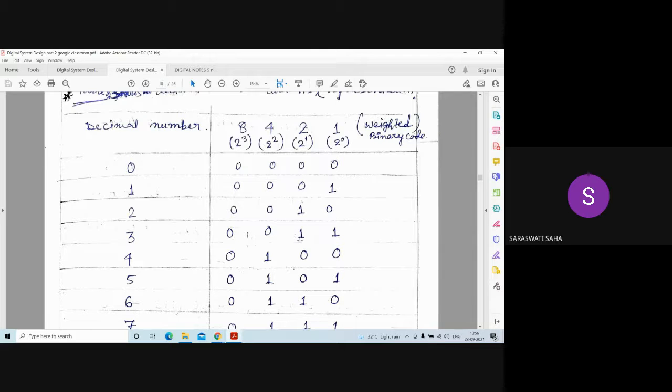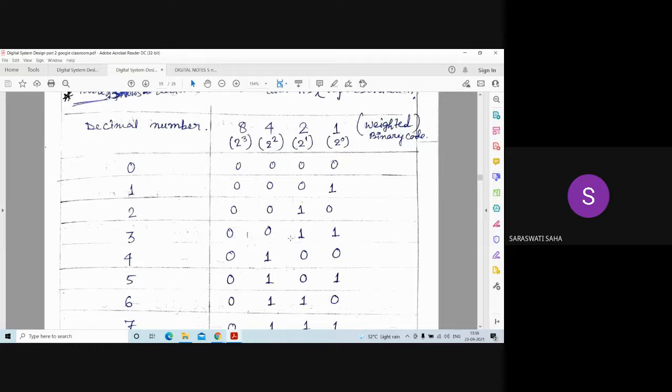So these are the two values, 1 0 and 1 1. Then what will be the next number? Take this 1 0, then 0 1. Then the next combination will be 1 0 0, 1 0 1.